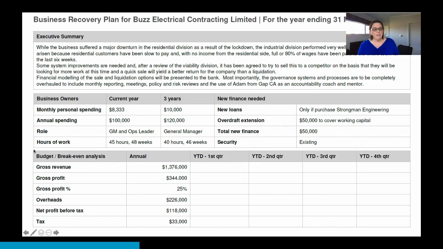And then tax on that, net profit before tax, overheads, gross profit percentage, right up till we get what revenue we need. Then the next step, which is not reflected here, is breaking that down on a quarter by quarter basis.